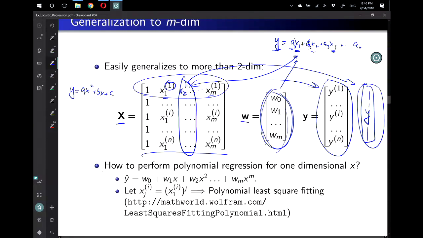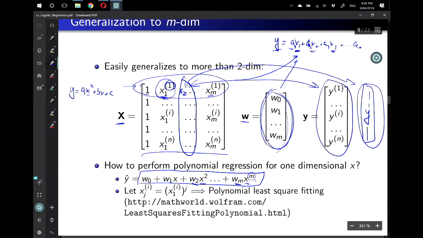But essentially, the polynomial you are going to do is nothing but x raised to the power of m, and then you have a corresponding Wm, x raised to the power of 2, and I have W2. Okay? So in other words, you can actually still use this multidimensional linear regression, but for each of the terms, you use the corresponding power of x.